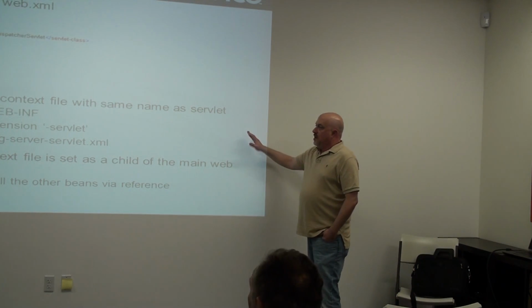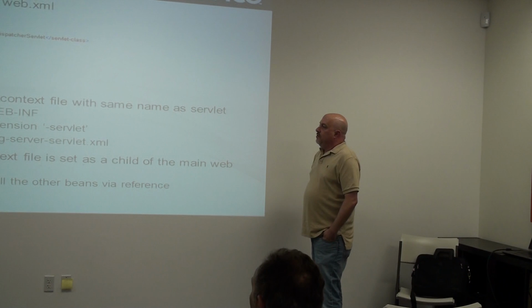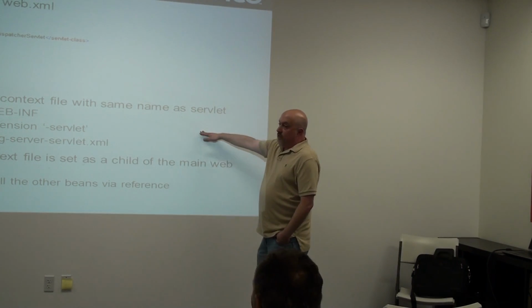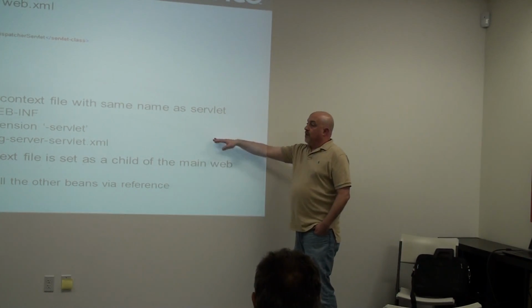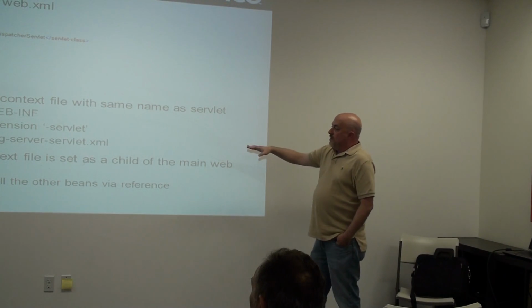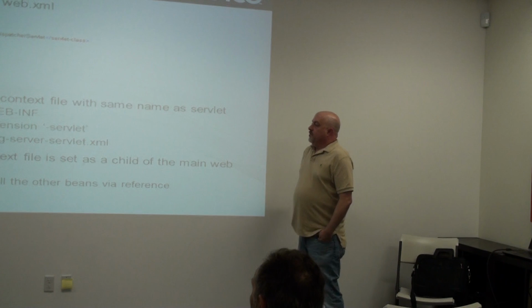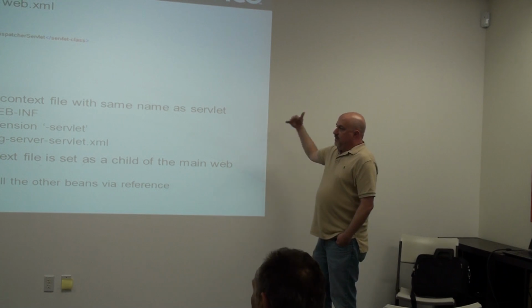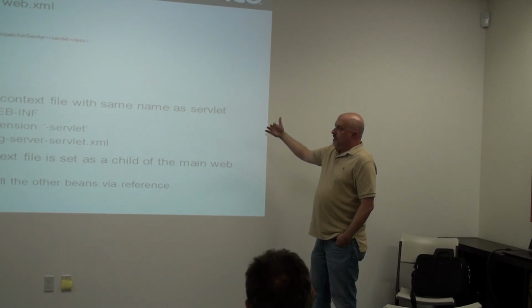We're not actually creating any UI out of that. The only other thing that you need to do is have a Spring configuration file. That's your servlet name followed by -servlet. That's the default. You can configure that to be whatever you want as far as what the extension is, or no extension. And it's assumed that it's going to be in the WEB-INF directory. So in our example here, it'd be the WEB-INF scoring-servlet.xml file. And it's a child of the main application context.